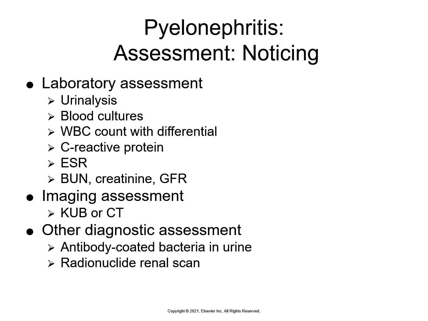Well, to notice you have to look at lab work. You have to notice the urinalysis. That will help diagnose if there's any infection, any presence of blood or pus in the urine, and of course they would culture that to determine the exact organism.